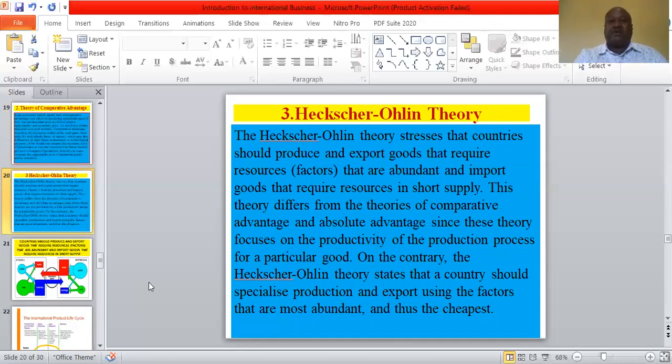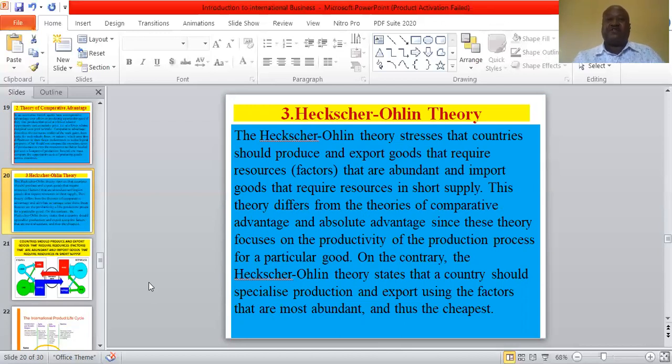Three, we have what we call the Heckscher-Ohlin theory. The Heckscher-Ohlin theory stresses that countries should produce and export goods that require resources or factors that are abundant and import goods that require resources in short supply.